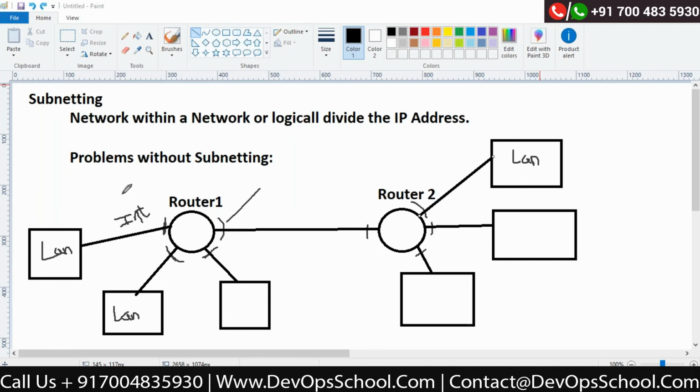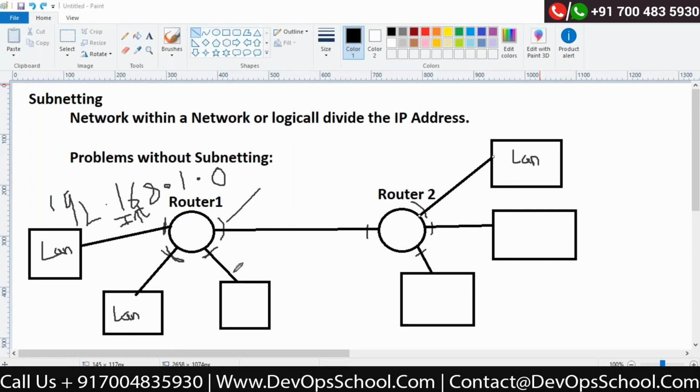For example, if I say I have the IP address scheme 192.168, correct? Sorry, my writing is not so brilliant with the help of this pen. But let's say this is my network which I'm using, and I do have some requirement in this particular LAN. I cannot use the same IP address scheme or network on this interface at all.